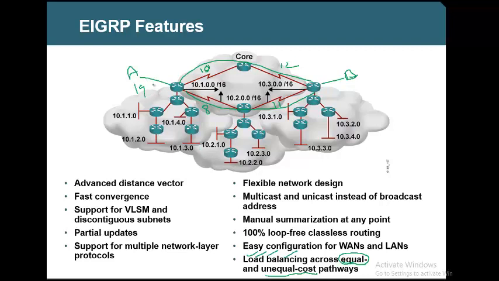Going via the upper path is 22. By default, EIGRP will say, I'll go via this bottom path. This is the preferred one. This is default. Not only EIGRP, any protocol will do this. But I can tune EIGRP so that this path can also be considered.